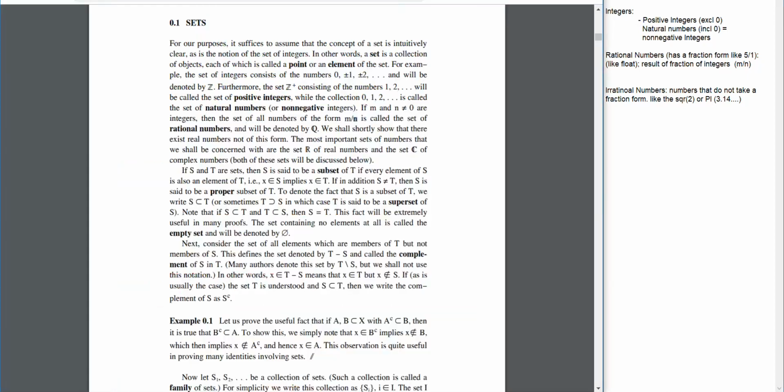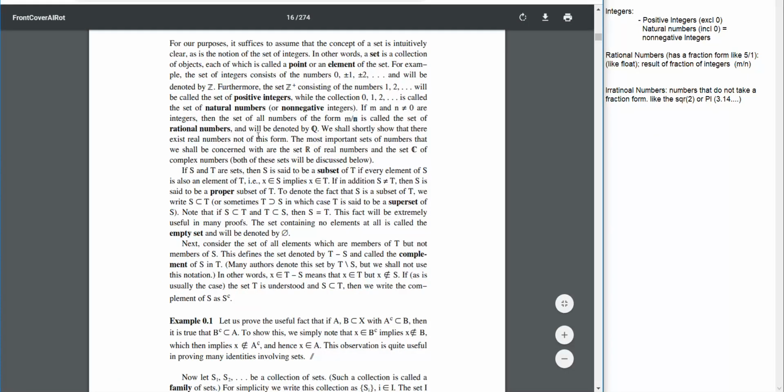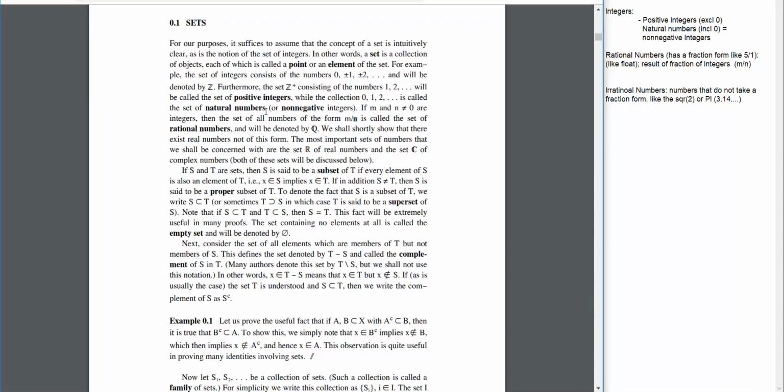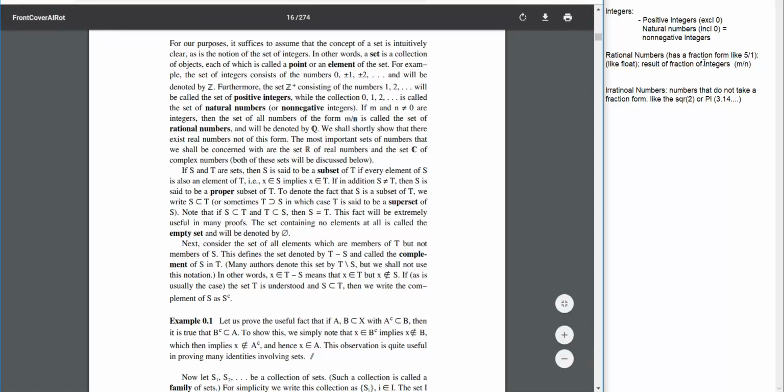Alright, so going back to the textbook. So we're through the natural numbers, positive numbers, including the number 0. If m and n do not equal 0, so neither m or n are 0 and are integers, then the set of all the numbers of the form m/n is called the set of rational numbers, which we've seen, and then you can denote it by this symbol.